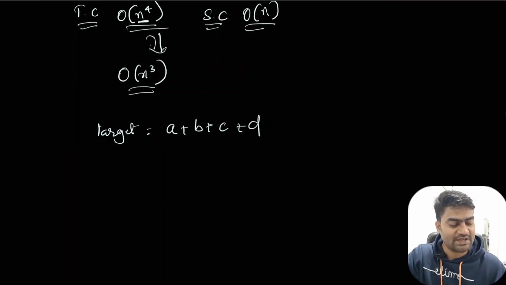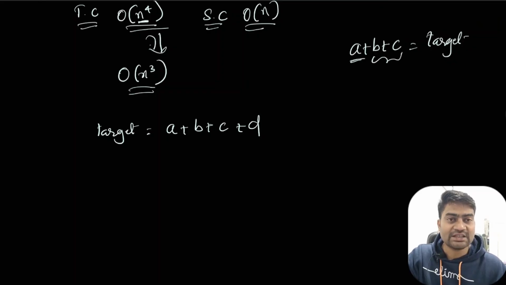Now assume in the threesome case what we did, a plus b plus c will give us the target in the threesome problem, correct, right? Now if I know one number, then the sum of other two numbers will get reduced to some problem, correct, right?